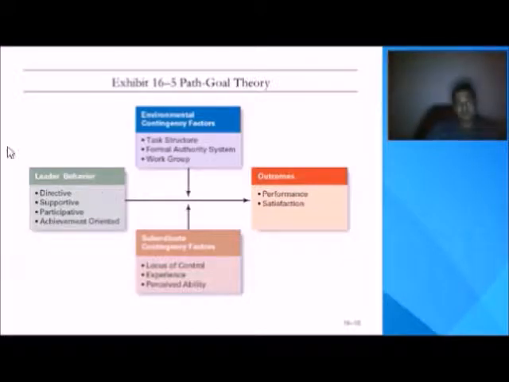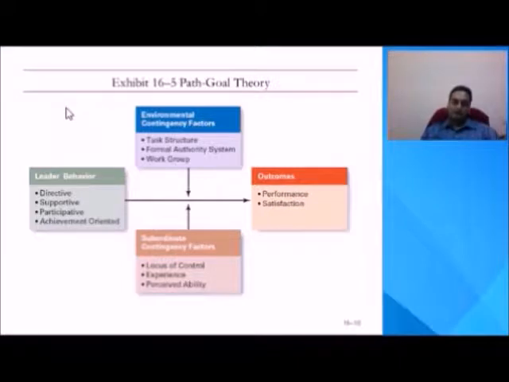And again, when you are dealing with employees who are internally motivated, who are very competent and self-assured, then they are more comfortable with leaders who are participative in nature. While employees who have a high external locus of control are more satisfied with leaders who have a directive style.